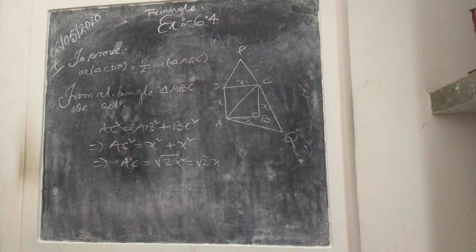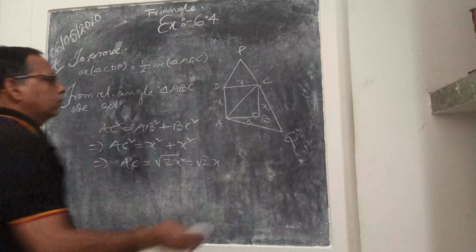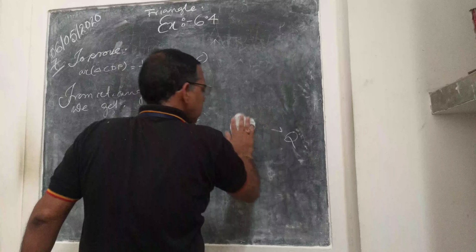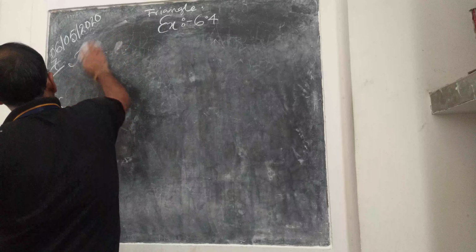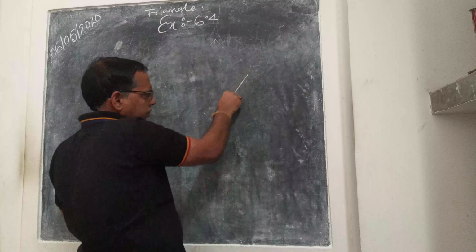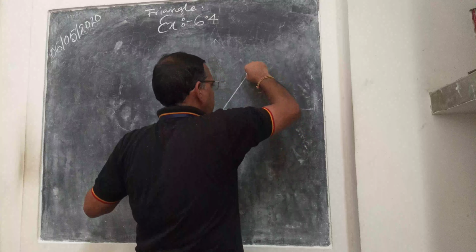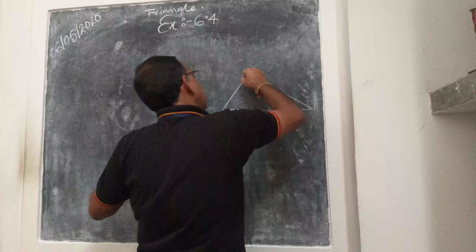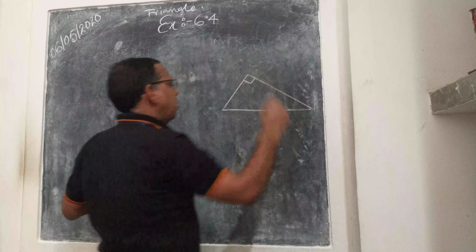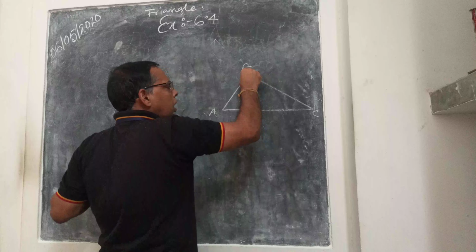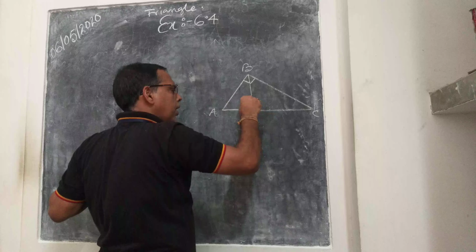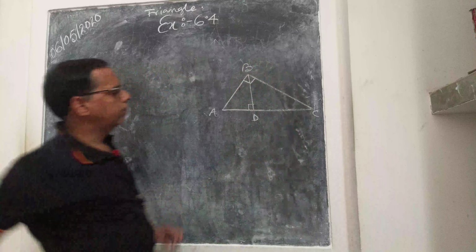Today I'll just explain, I'll not do it. Next day I'll do it. Today I'll just explain the theorem. The theorem is that you see this is the right angle triangle ABC, and this is another perpendicular line.